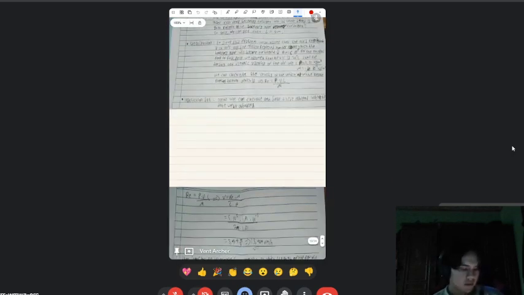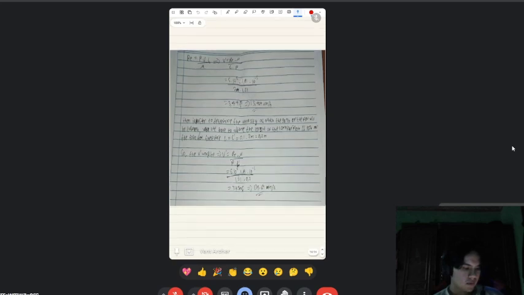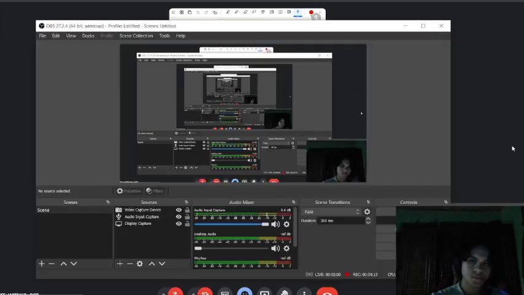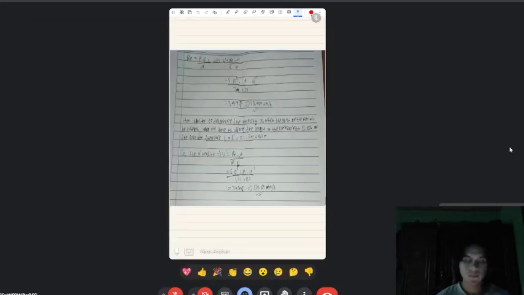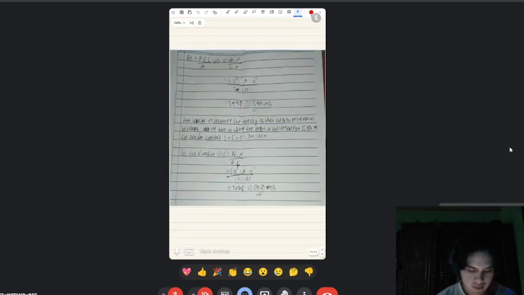Now we can move on to the instruction set. We can solve this problem with the data we obtained. The formula for the Reynolds number is Re equals rho times V times L divided by mu.